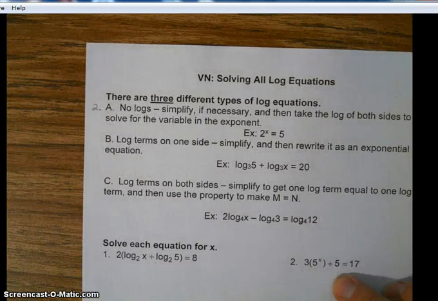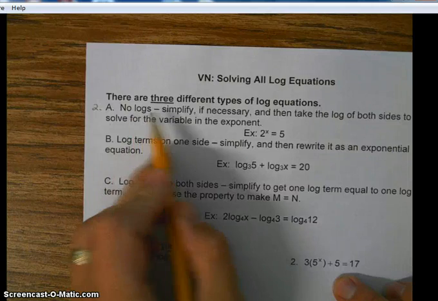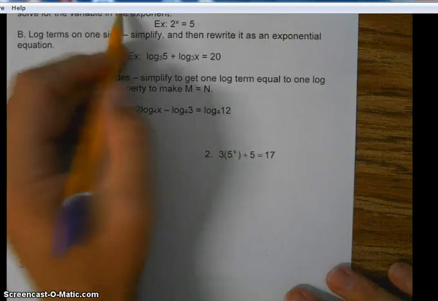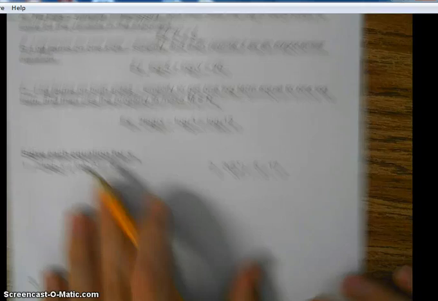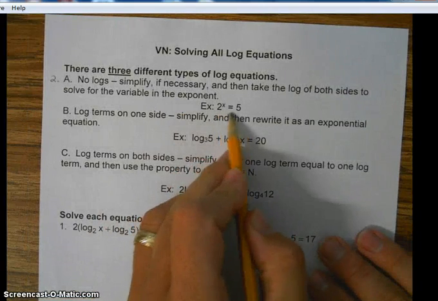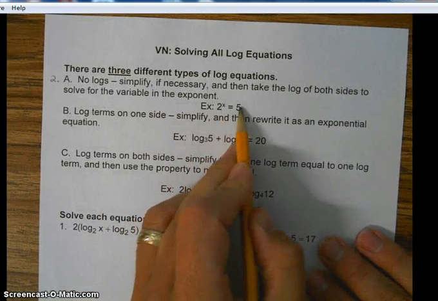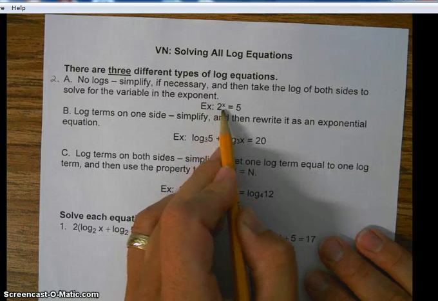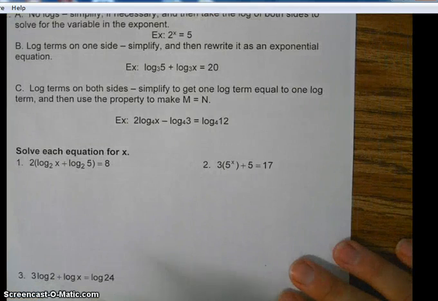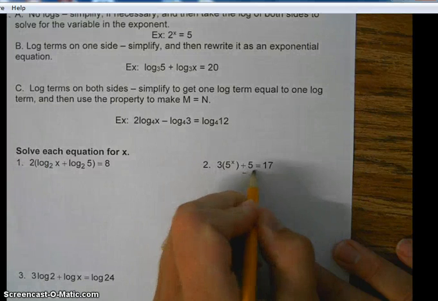So let's go ahead and follow this rule. It says simplify if necessary. So looking at this, notice we want it to boil down basically to just this format right here, okay, before we take the logs on both sides. So like I said, we undo the adding and subtracting first.